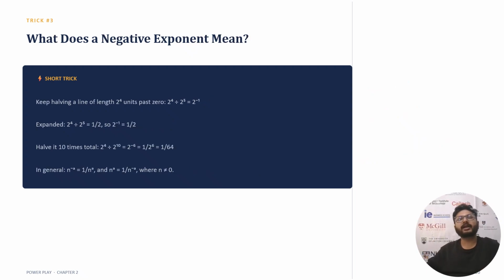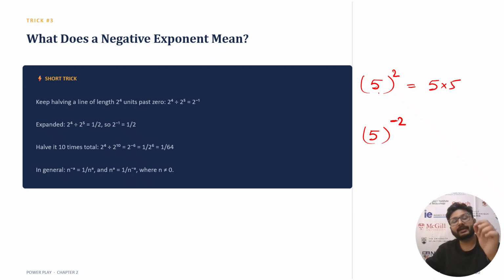Now, what if there is a negative exponent in the picture? Negative exponent. So for example, I'll write 5 to the power 2 and 5 to the power minus 2. 5 to the power 2 is 5 into 5. If there is a negative sign in the exponent, that doesn't mean that the number is negative.